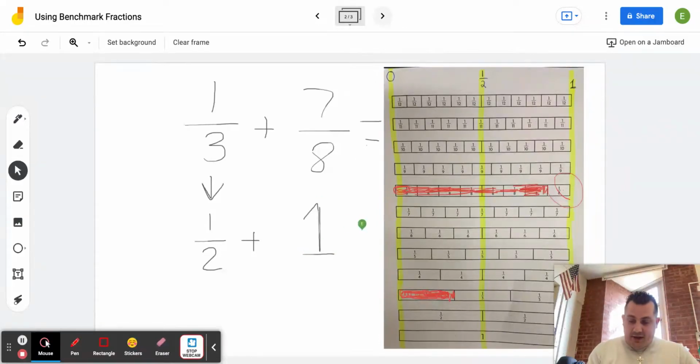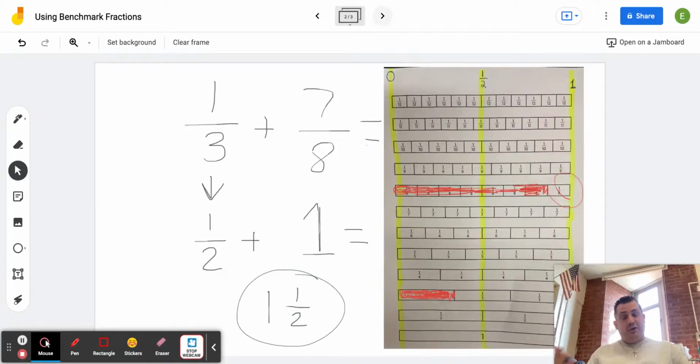Now you're ready to add up your estimates. 1/2 plus 1. If I have a half and a whole, you do have 1.5. So 1/3 plus 7/8, when you're estimating, is going to give you about 1.5.